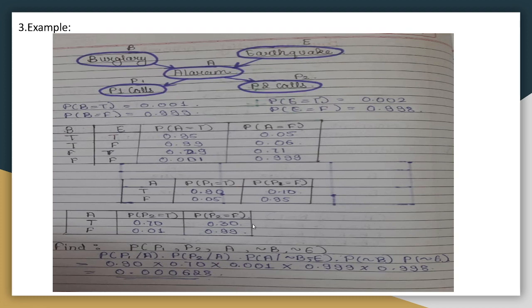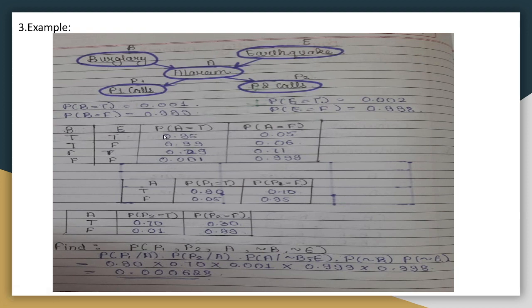After that, this is another example of the BBN method: if a burglary or earthquake happens, the alarm rings, and P1 will inform his master, or P2 will inform his master by calling them. It is the probability of B: if B is true, then these are some probabilities, and if B is false and the earthquake does not happen, these are some probabilities.